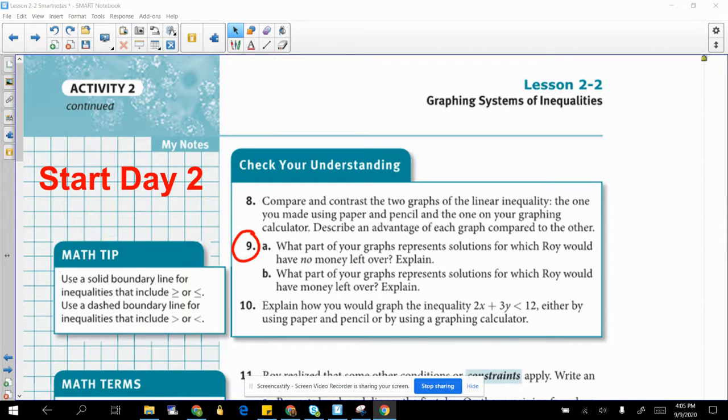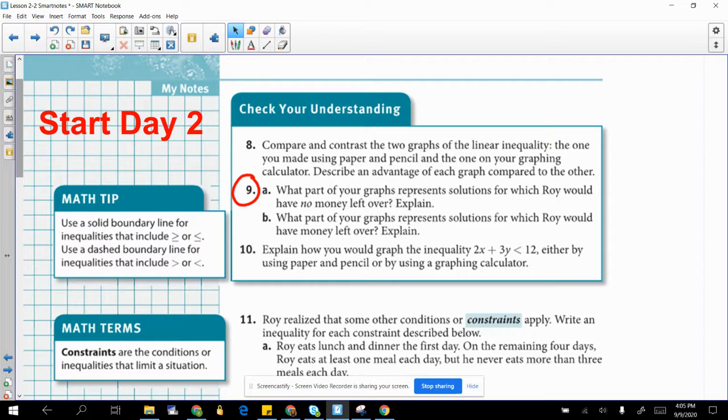So the first question I want to start you guys out with is based on what we did last time, and it's number 9 on page 24. Number 9, part A says, what part of your graph represents solutions for which Roy would have no money left over? Explain.